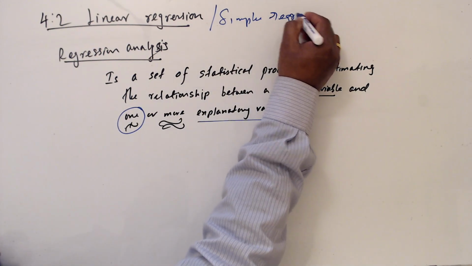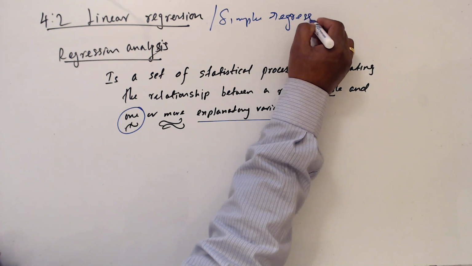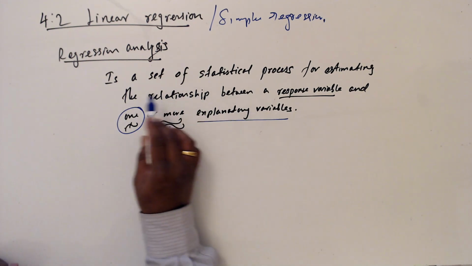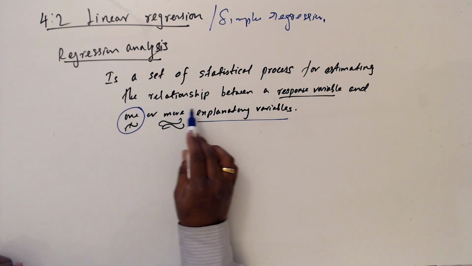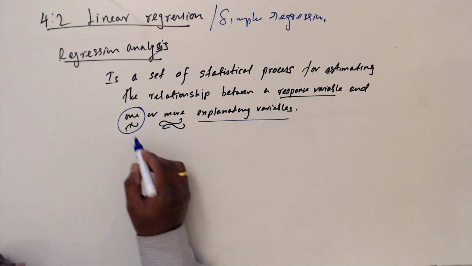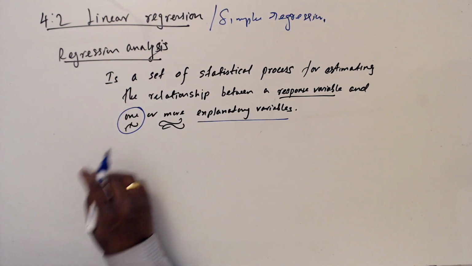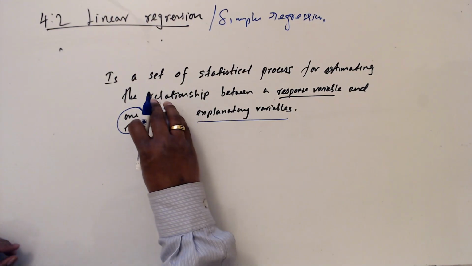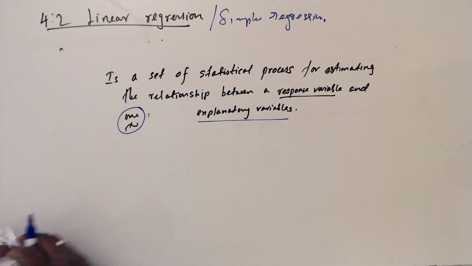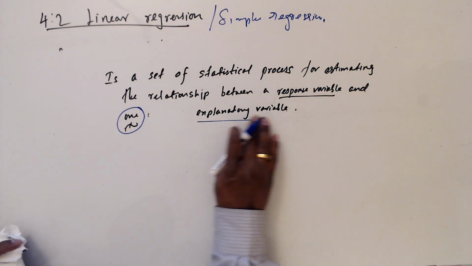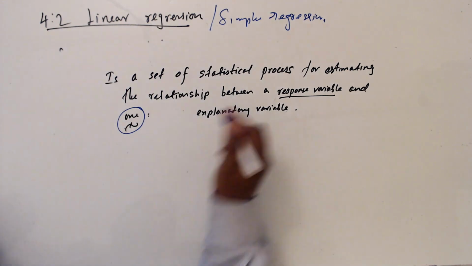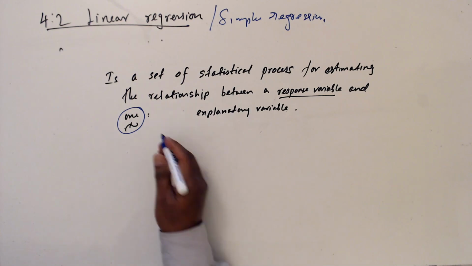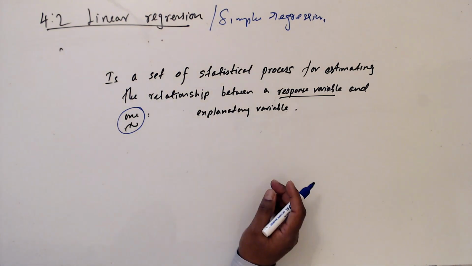It is a statistical process for estimating the relationship between a response variable and one explanatory variable. The other regression is polynomial regression, if there are more explanatory variables.